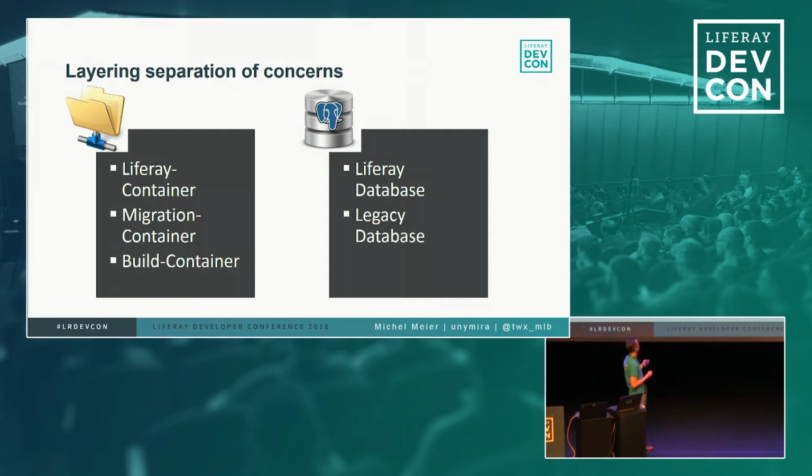And we had some containers which compiled, for example, all our Maven projects, which contained the logic. And we had a Liferay container which persisted the OSGi state, so that we can shut down and warm up the server without losing our state. Because at some point you stop your work one day, and on the next day you go on, and you won't wait until your local migration is finished.